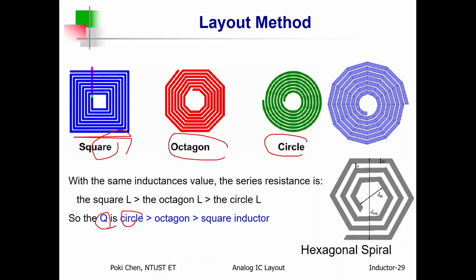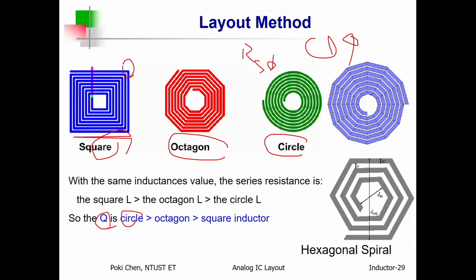Why? Simply because it doesn't have any kind of sharp turns. So it doesn't need to face any kind of current crowding impact. Then it means the RS will be reduced. In this way, Q again will be increased.